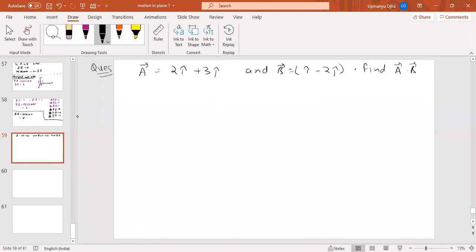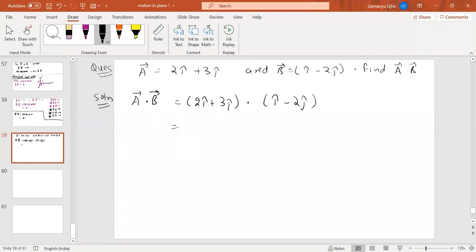First of all we write A vector dot B vector. A vector is 2i cap plus 3j cap, and B vector is I cap minus 2j cap. Now we have to multiply each term with each term. If I multiply 2i with I, what will I get?